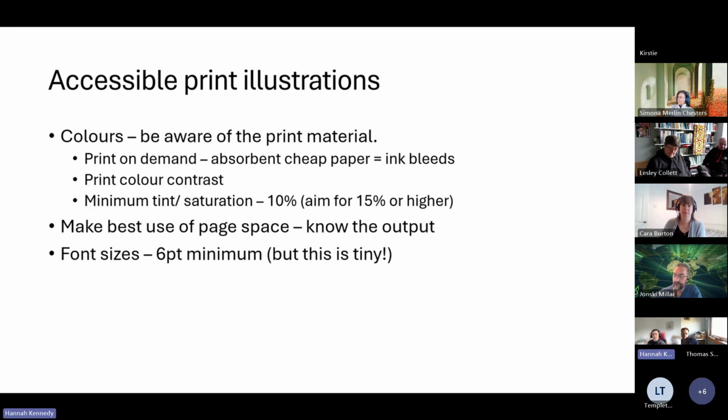And then when you're printing, in general, 6-point is the tiniest font size you can use for anything, but 6-point is really tiny, so be wary of going below that. It's not to say you can never go below that, but it would need to be something that you don't really need people to be able to read or understand. So yeah, that's print illustrations.